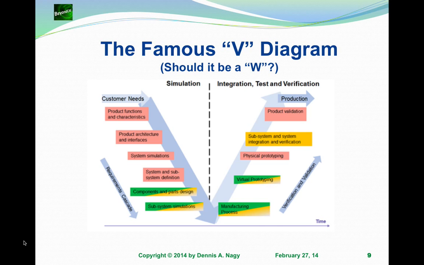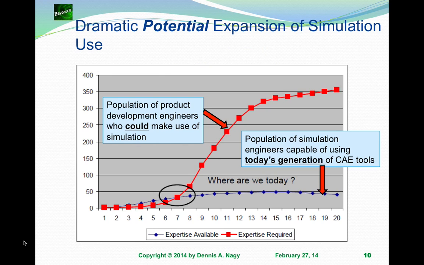So this is a very key point here that I wanted to spend a minute or two on, which was what a number of us feel is the dramatic potential expansion of simulation use. Now, ignore for a second what any of those numbers on the two axes mean, because that's not really important. It's just there to show that the horizontal axis is a time axis, so those might be years beyond some point.